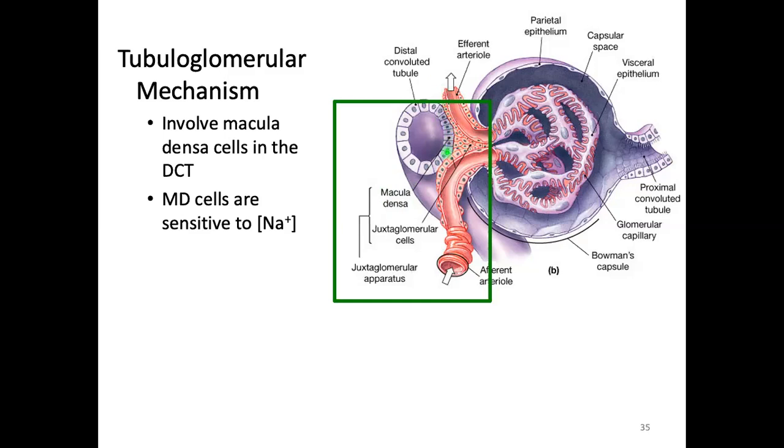These macula densa cells are up against these juxtaglomerular cells. So these juxtaglomerular cells are in between the afferent and efferent arteriole. Together, this makes up the juxtaglomerular apparatus. Okay. So let's focus on the macula densa cells first, and then we'll talk about the juxtaglomerular cells and how these guys work together.